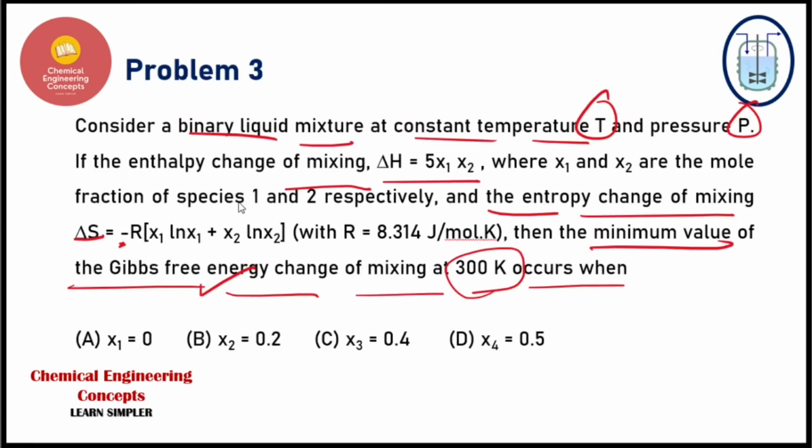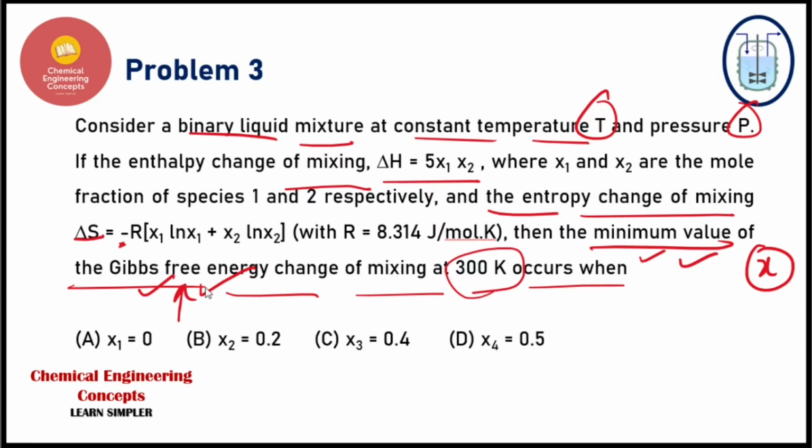We have to find out the minimum value of the Gibbs free energy change of mixing. Actually, we have to find the x value for which this Gibbs free energy will be minimum.